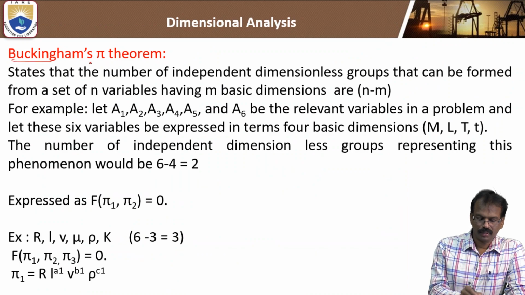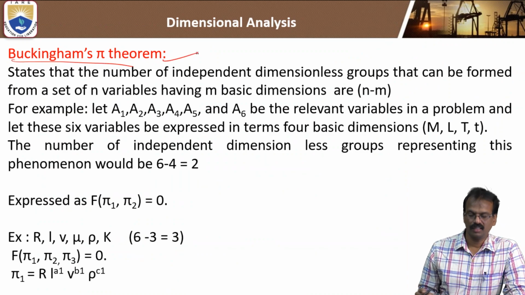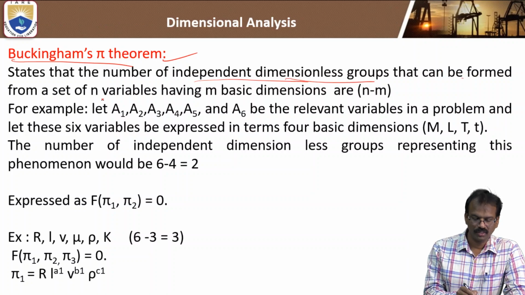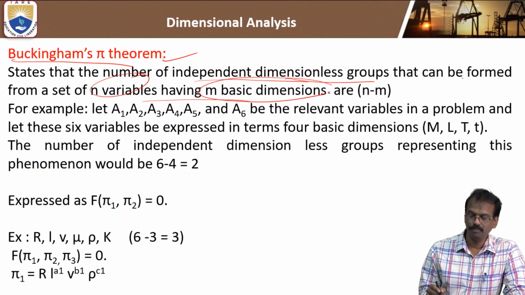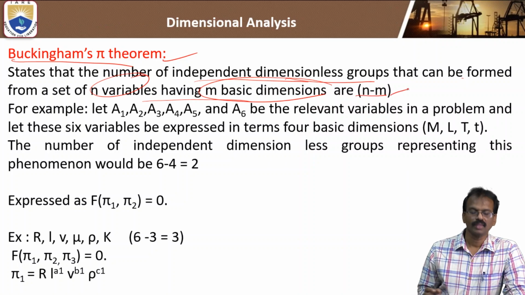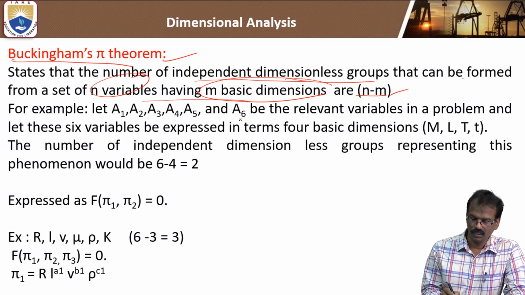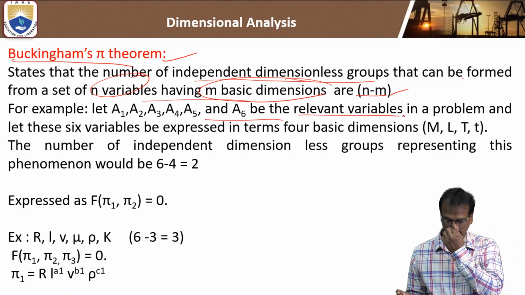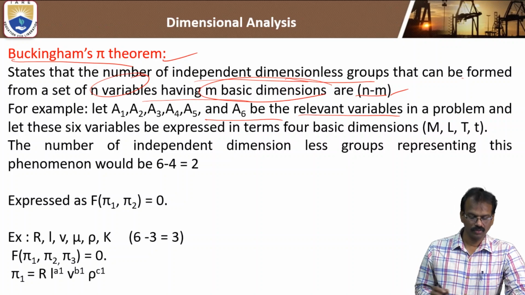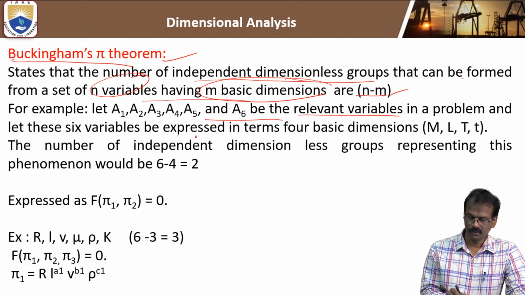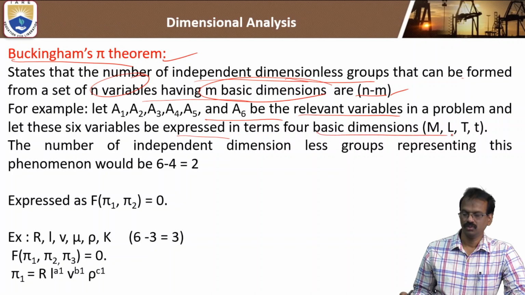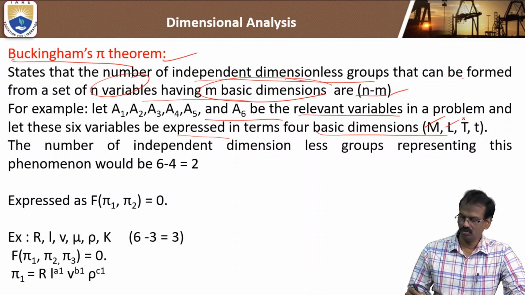The Buckingham pi theorem says that the number of independent dimensionless groups that can be formed from a set of n variables is found by identifying the m basic dimensions; then n minus m gives the pi terms. For example, a1, a2, a3, a4, a5 and a6 are the relevant variables, the n variables in this problem, and these 6 variables can be expressed in terms of 4 basic dimensions: mass, length, time and temperature.